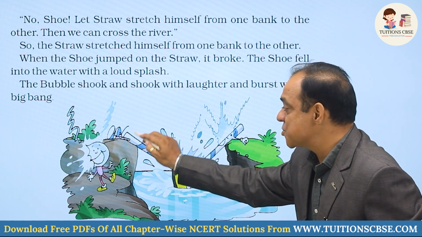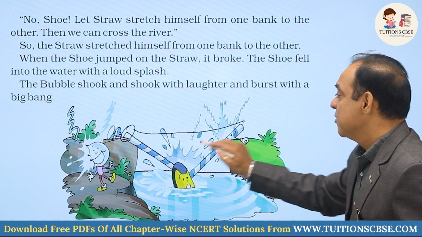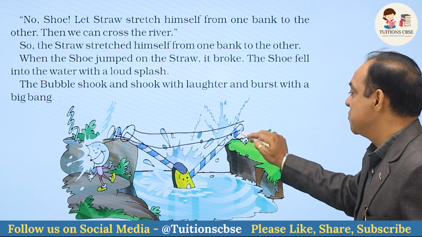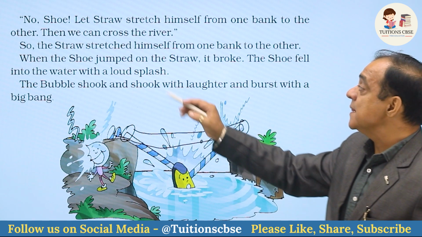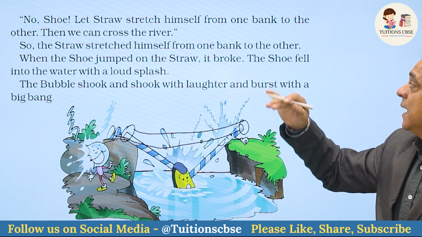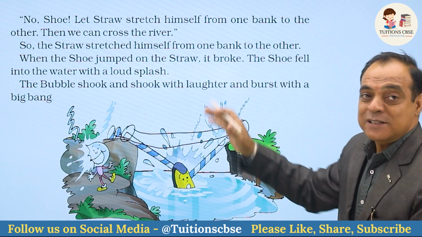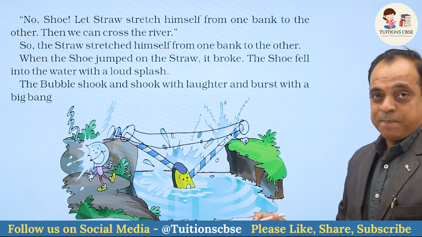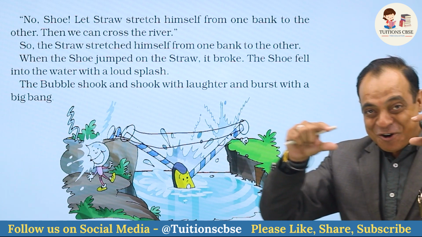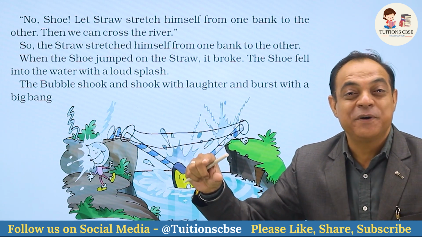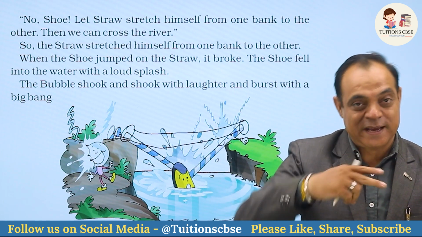So you see the straw stretching from one bank to another, and then he said you can cross the river. So we will use this straw as a bridge, and using that bridge we can cross.